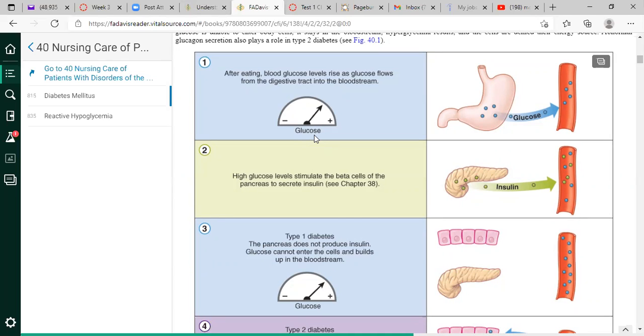Once it begins to raise our blood sugar, the beta cells of the pancreas begin to secrete insulin. It's secreting insulin to bring our sugar levels down. So as our blood sugar rises, insulin is being secreted from the pancreas to lower the blood sugar level.